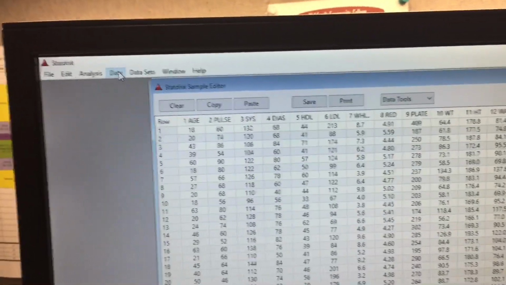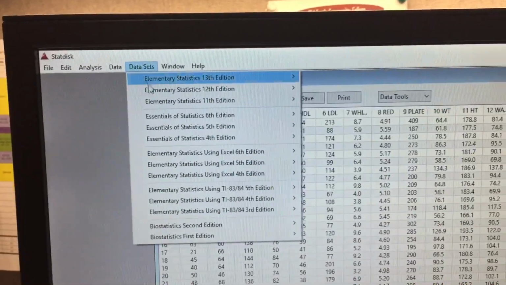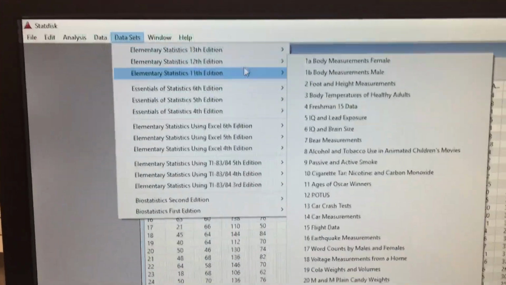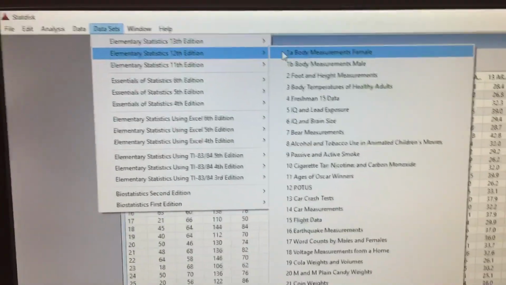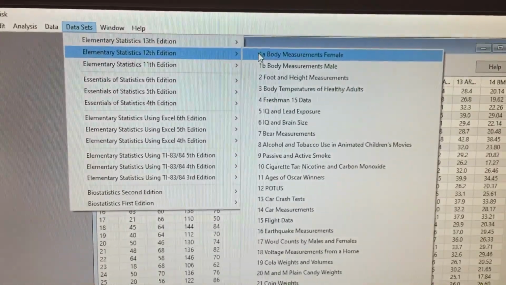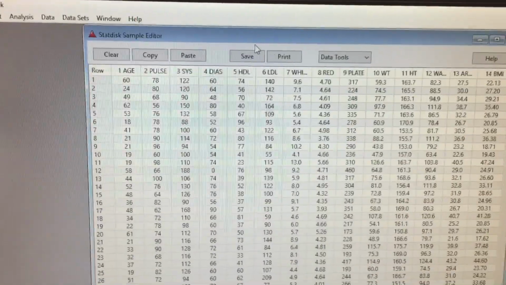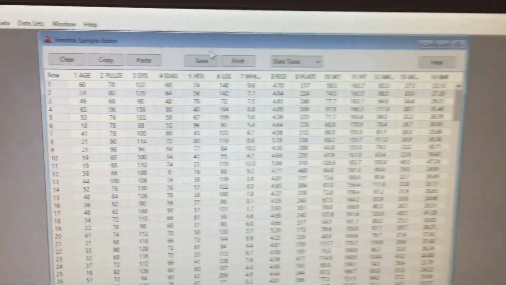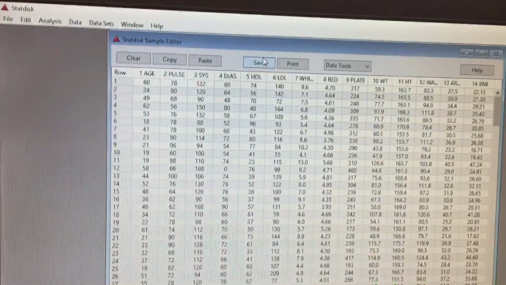For females, I got to go back to Data, Datasets, Elementary Statistics 12th edition, and pick the one that says Body Measurements for Females. And these are all the body measurements for females here.